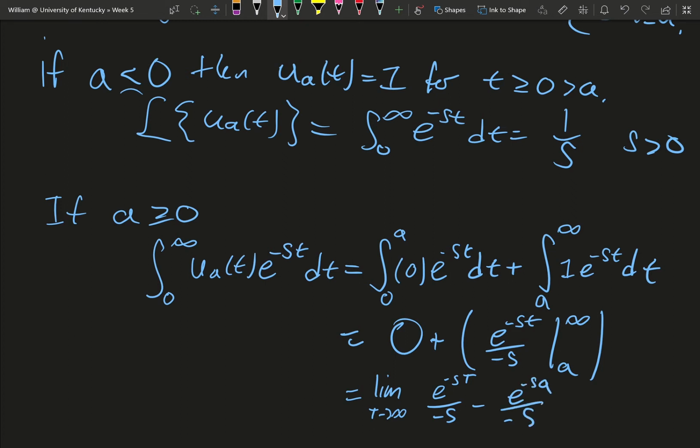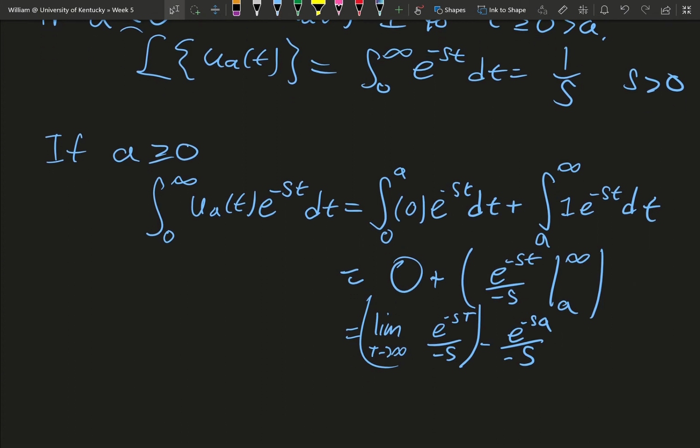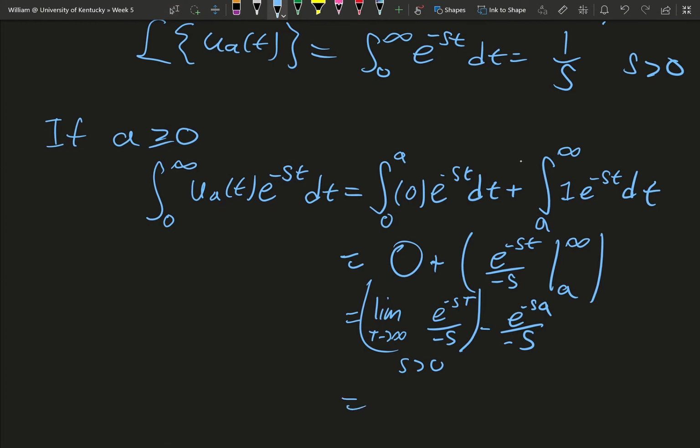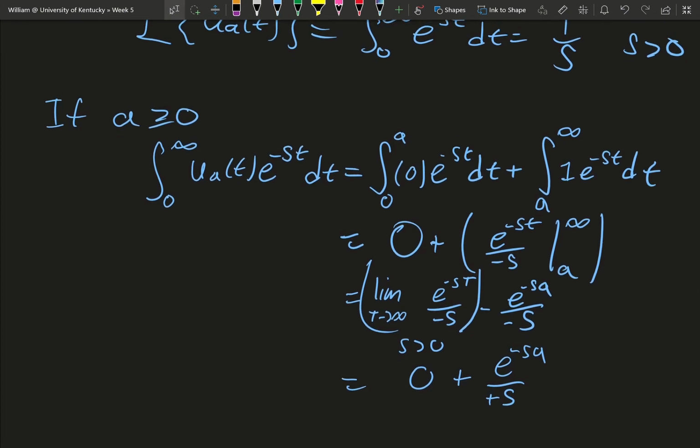So this is still similar to the previous case, but the difference is we're now plugging in not 0, but a. So for this limit to converge, we need s to be greater than 0, but then it's just going to go to 0, and we're left with minus negative s, so we can make that plus positive s. And we get that this is our Laplace transform.